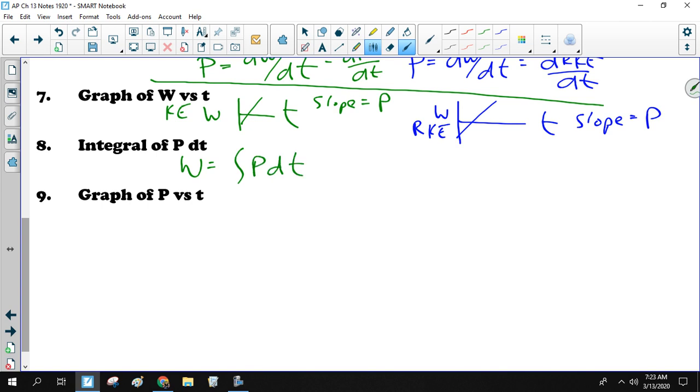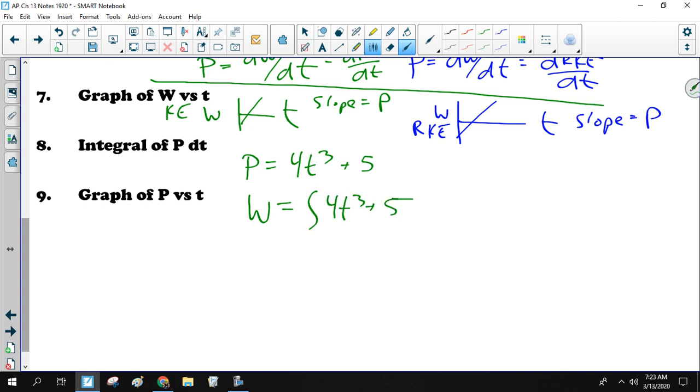So maybe I'll give you an equation that's the power generated by such and such a force is 4t cubed plus 5, right? And then I'll say how much work is done between these two times. So you're going to go, oh, well, work is the integral of 4t cubed plus 5 between my starting time and my ending time. And this is all with respect to time, right?